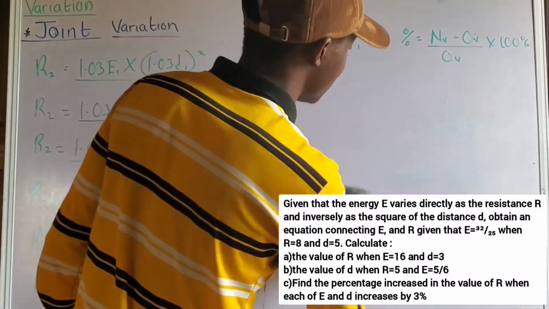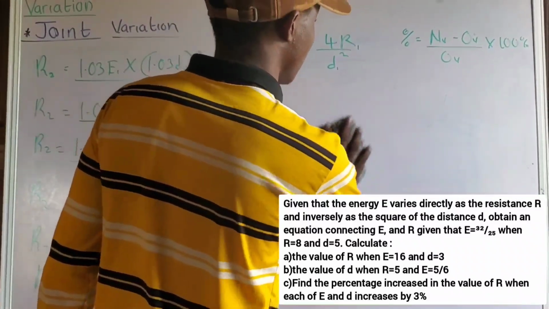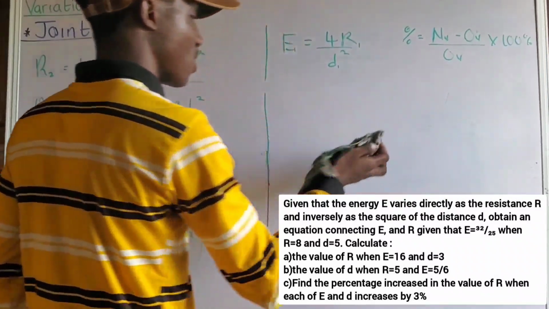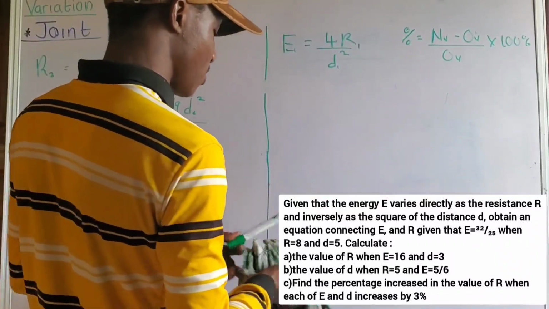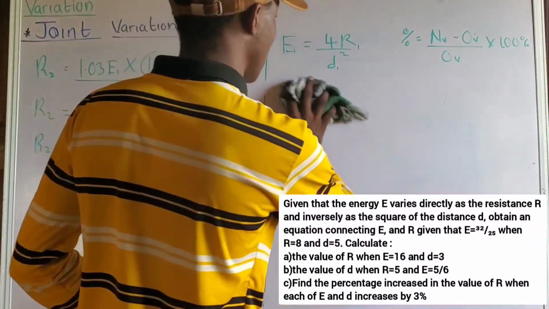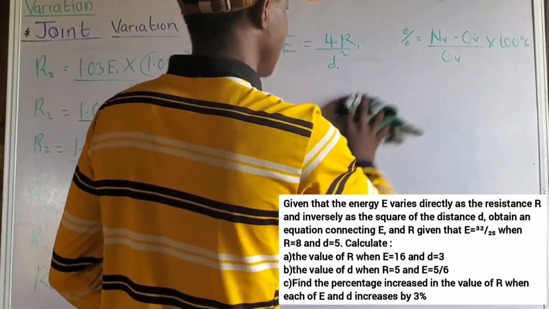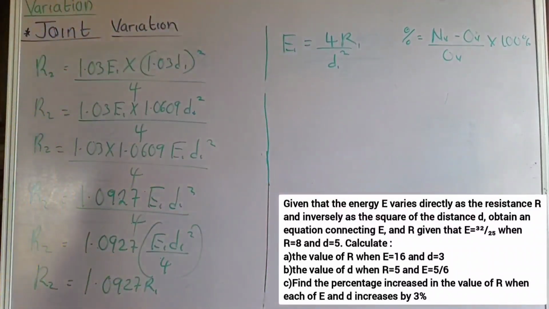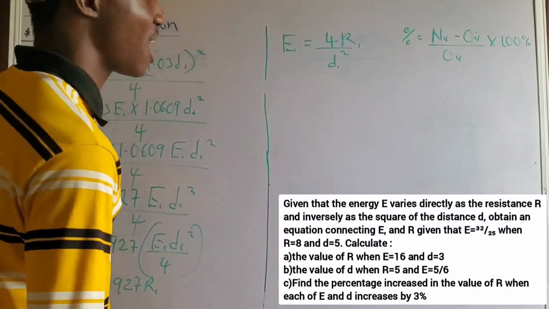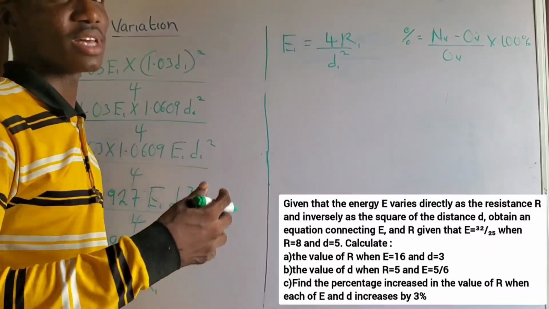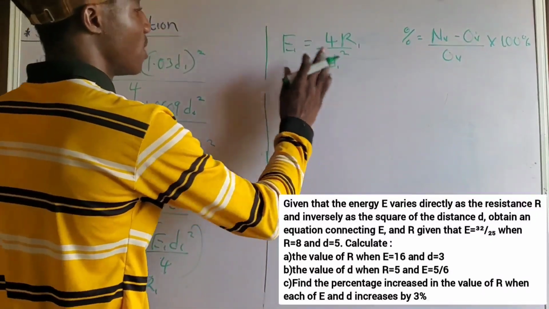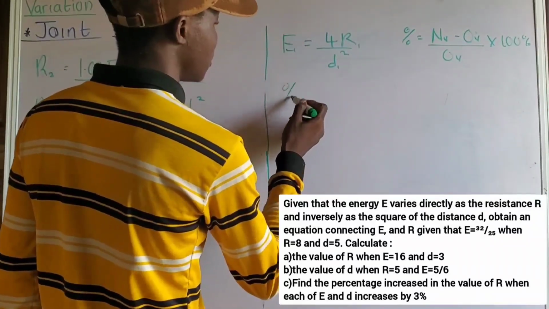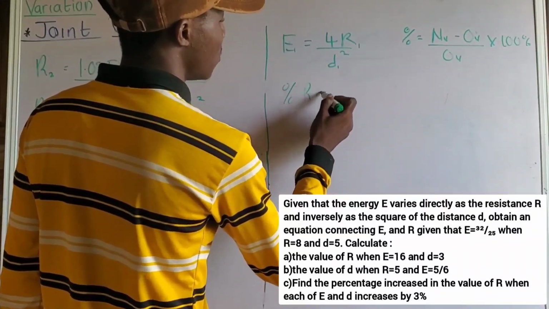Now we can calculate the percentage increase in the value of R, because we have the old value and the new value. We have the initial value of R and the new value of R. The new value of R is R2 and the initial value of R is R1. R1 simply means R, you understand? So let's go.